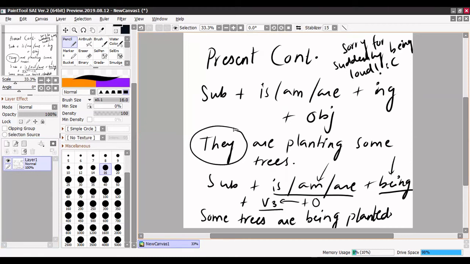Okay, but it's better if you do put they in your sentence and then change it into them, but you can simply skip it altogether. Okay, so this was present continuous. We'll move on to present perfect.